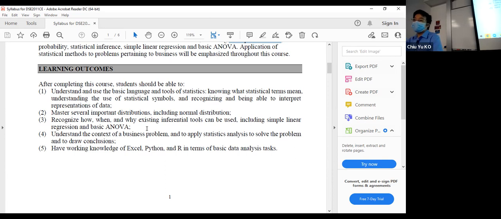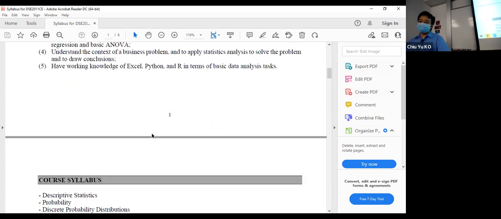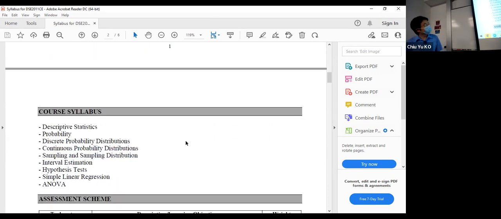Excel is still required as per our syllabus, and Python and R are optional. If you want to join, you can join the optional tutorial on Friday; otherwise you don't need to bother. Doing it this way also saves some classroom time so we can go over things in more detail, but more or less the content is the same.